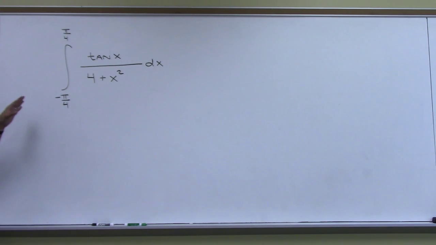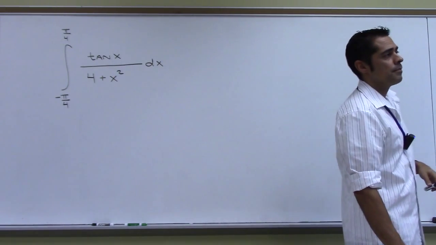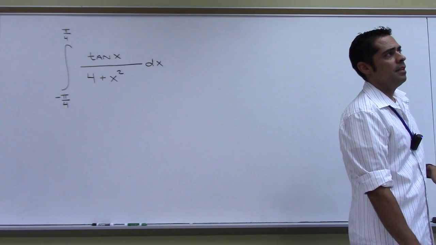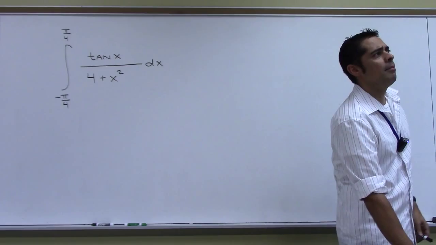Can I point something out, though, that I want you to be thinking about? We're going from negative a to a also, and we know there are some properties that we can use when we have negative a to a. If it's an even function, then I can just double the answer.